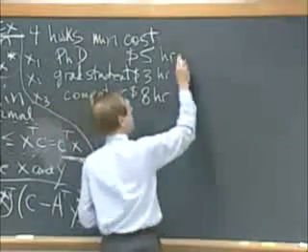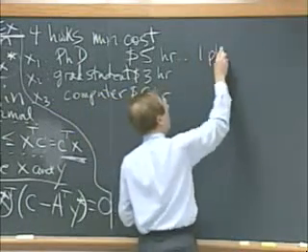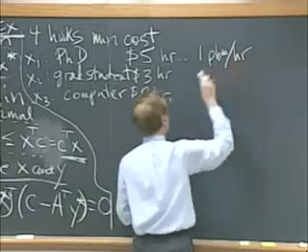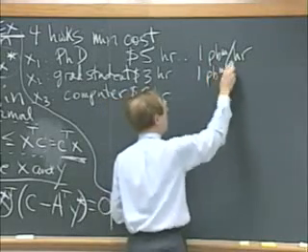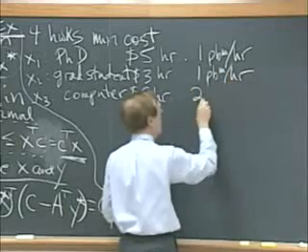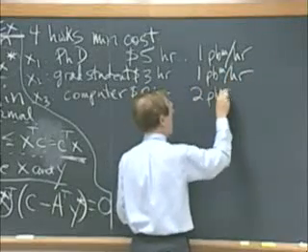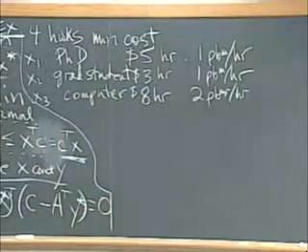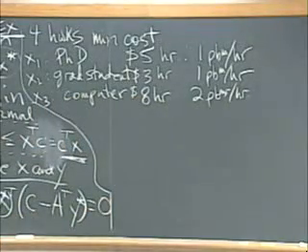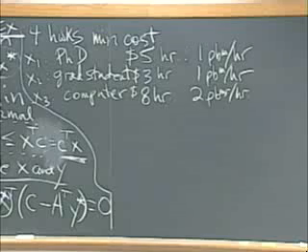The PhD can solve one problem per hour. This guy is equally fast, one problem per hour, and the computer is twice as fast. It can solve two problems per hour. Okay, now I've told you everything about the primal problem.